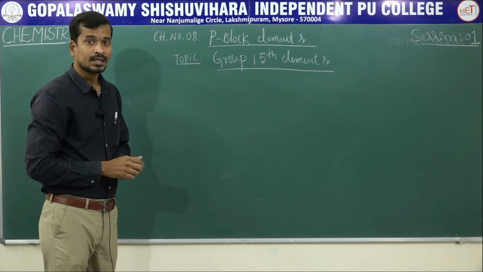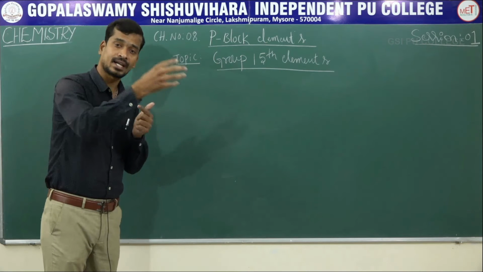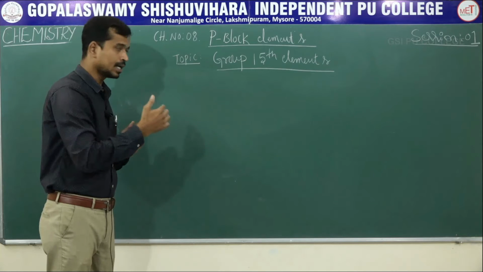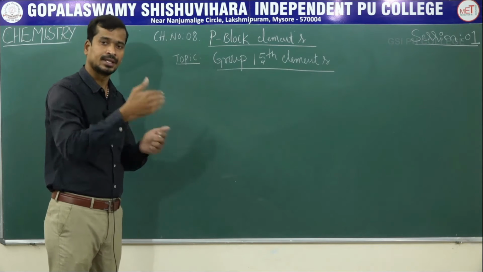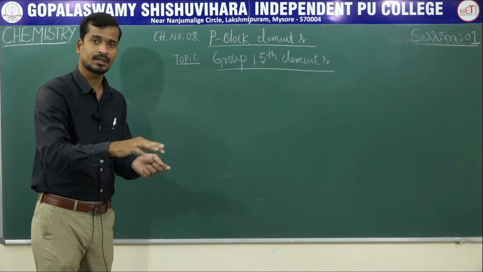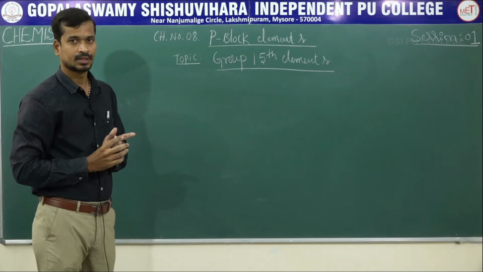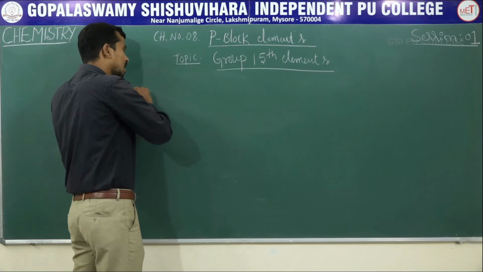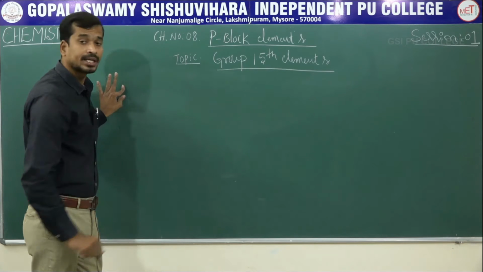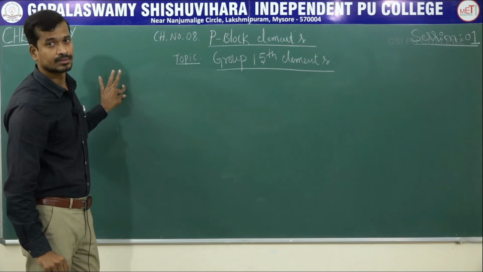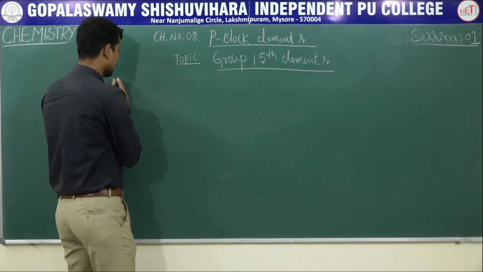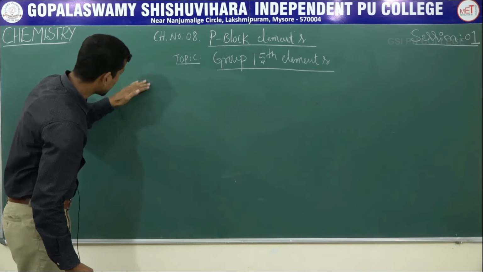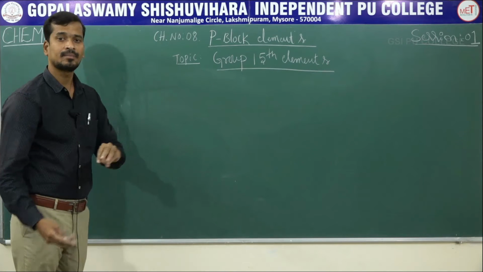Based on the differentiating electron, that is where the last electron enters: S orbital means S block, P orbital means P block, D orbital means D block and F orbital means F block elements. You may observe in your periodic table that along the period and down the group the atomic number is increasing. Moving left to right, the atomic number increases. Moving down the group, top to bottom, the atomic number also increases.